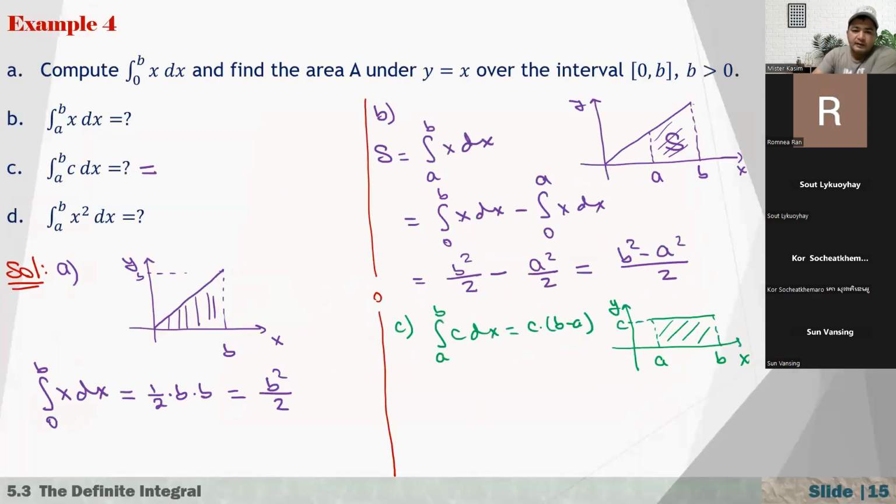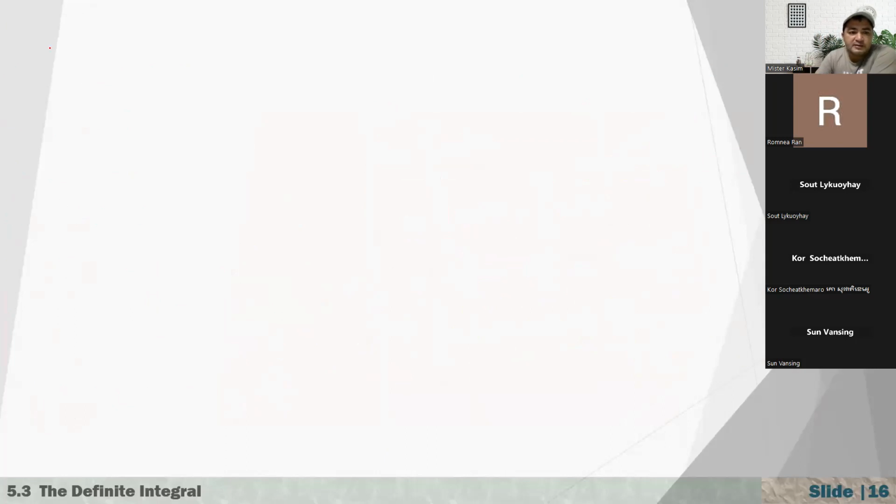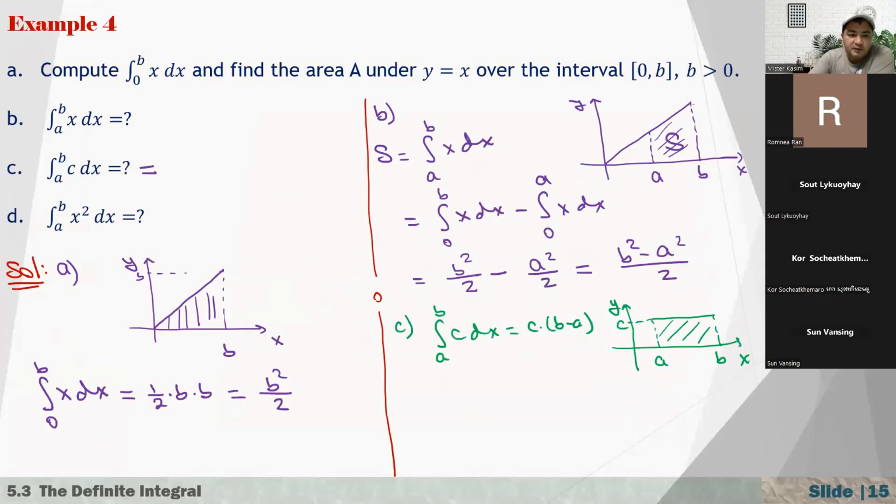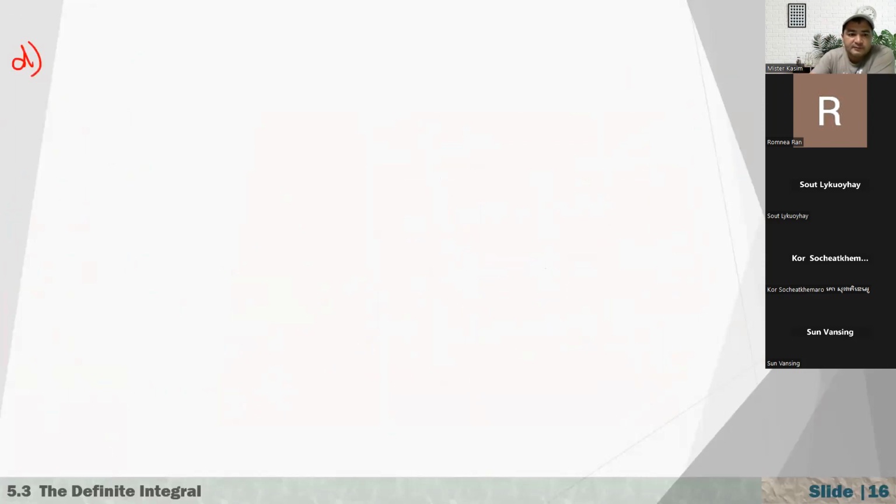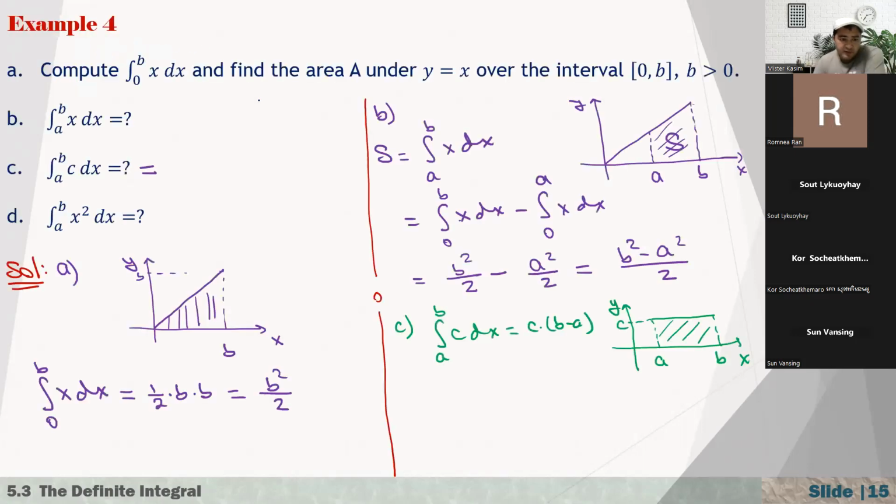How about part D? Part D is saying the integral from A to B of x squared dx.